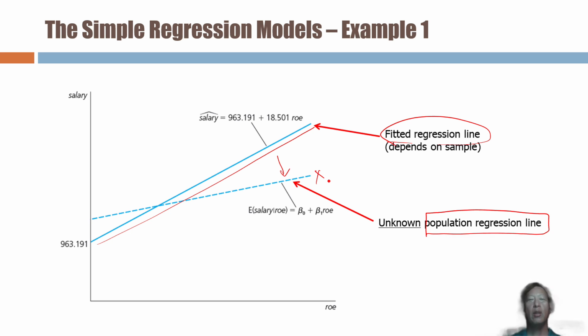We can do the same thing here. I don't know where the real population regression line is, but we can create the confidence interval so that if we do the same thing again and again, 95% or 90% of the time, our real population regression line will fall within the range. So we will see the line.